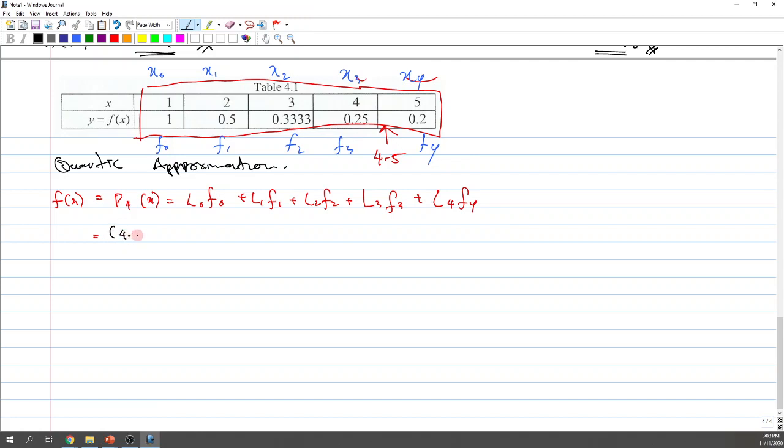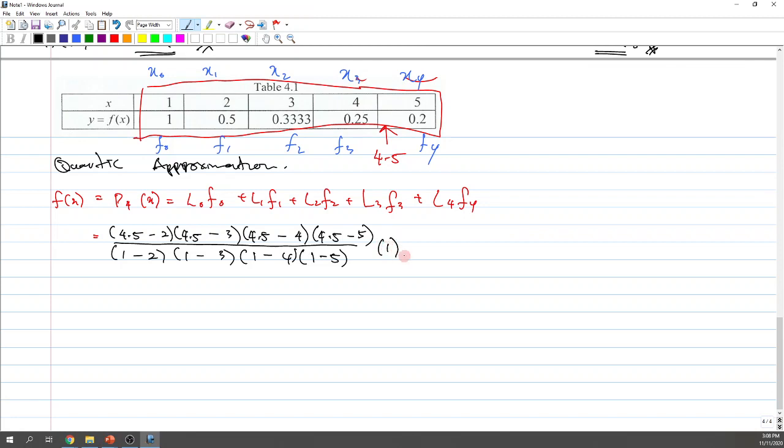So first of all, the value of x minus the values other than x0. Since this is the first component, other than x0 we start with x1. So 4.5 minus 3, 4.5 minus 4, then 4.5 minus 5, and then 1 minus 2, 1 minus 3, 1 minus 4, 1 minus 5, times f(x0), which is 1.